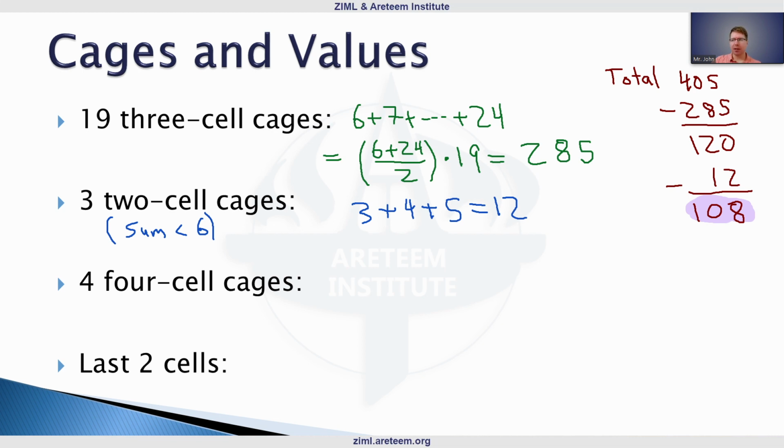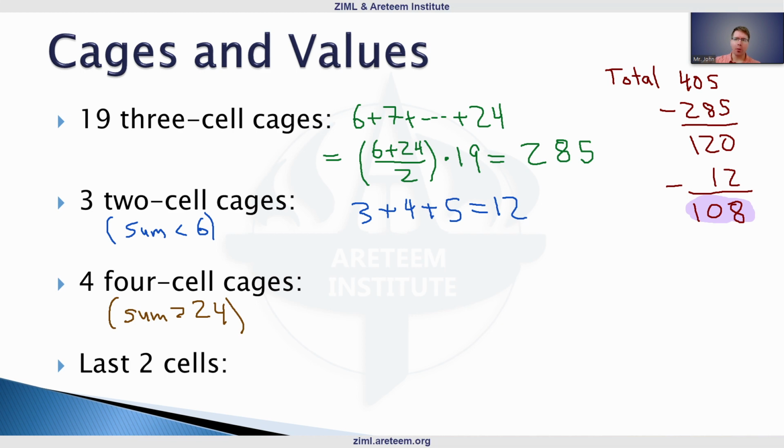But let's think about this a little bit, right? Let's think here of the 4-cell cages. We've already used sums up to 24. So now these sums have to be greater than 24. And now you might start to see how things could be looking up.